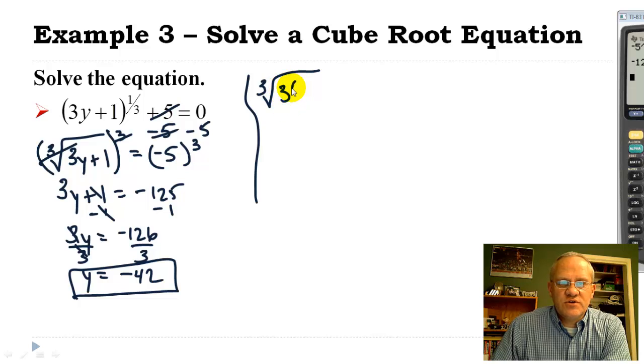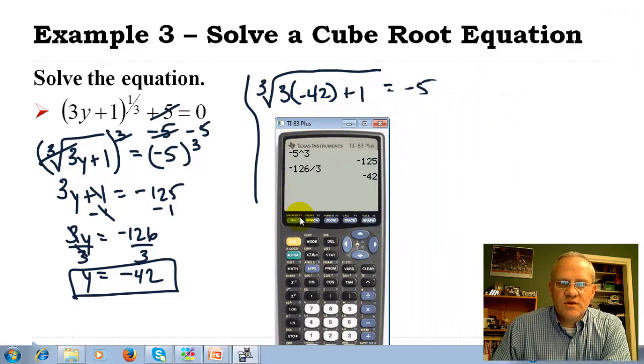So we're going to have 3 times negative 42 plus 1. And since this part here at this step it equaled negative 5, I'm going to work this out and see if this all gives me a negative 5. If it does, I'm good. So let's see.